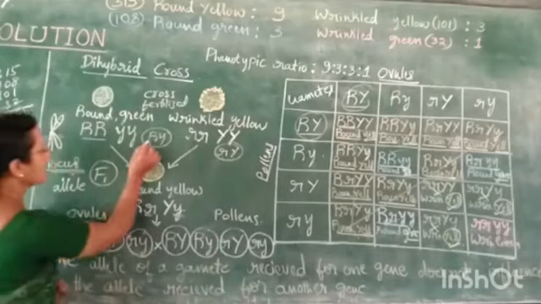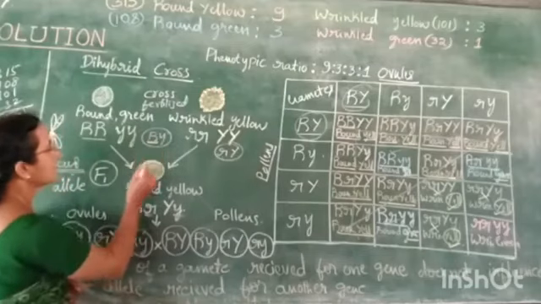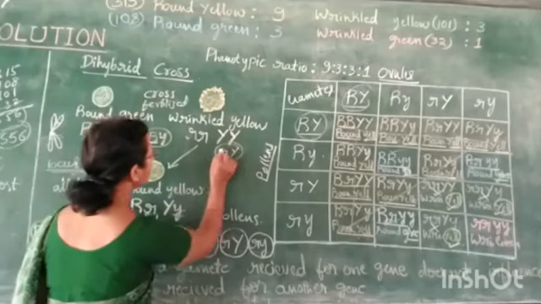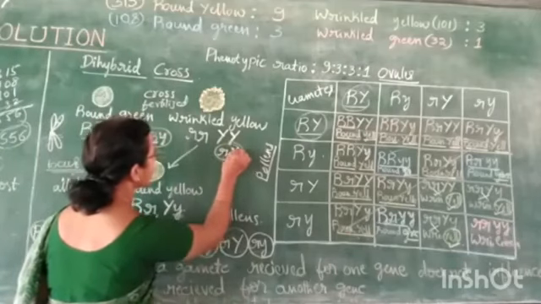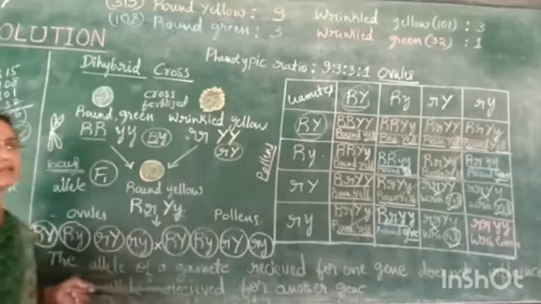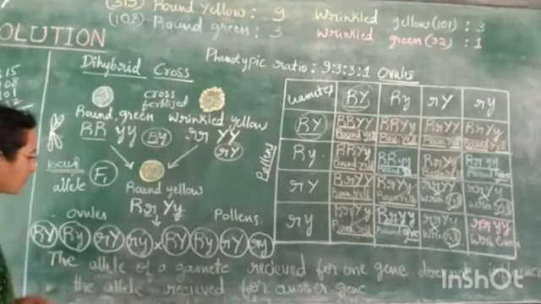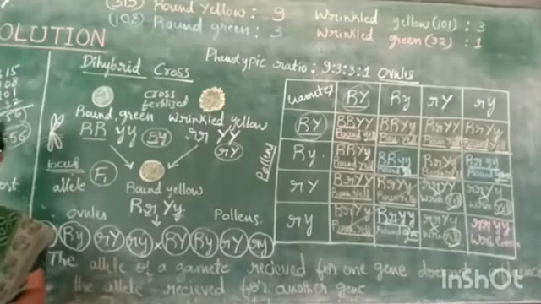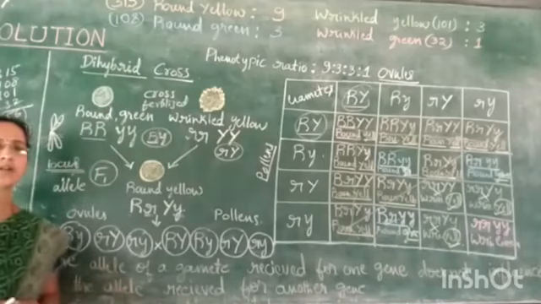Here you can see the round seed with green color, and the wrinkled nature with yellow color. The genes do not influence the other type of gene. This is the conclusion made by Mendel in his dihybrid cross experiment.